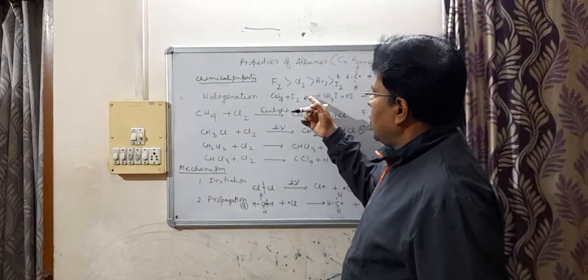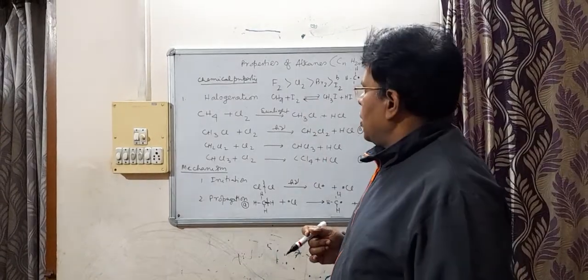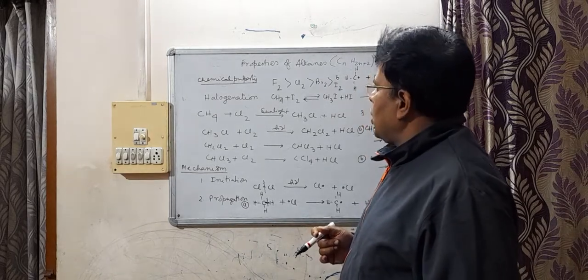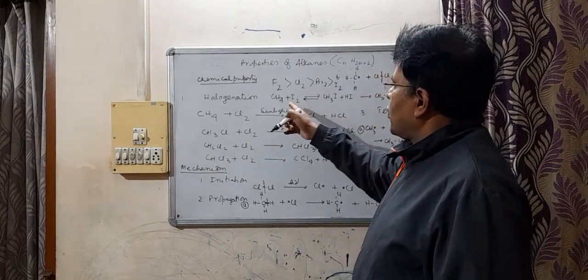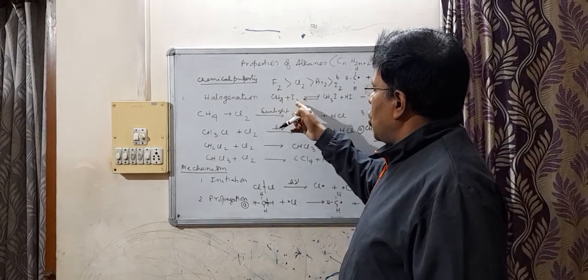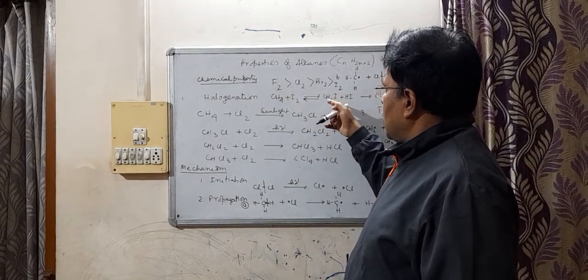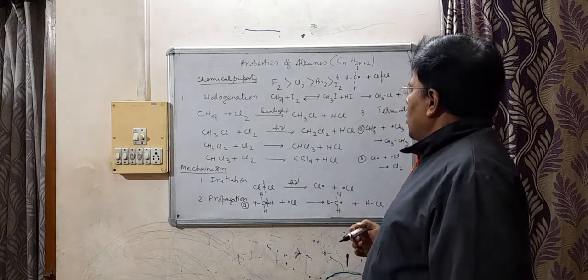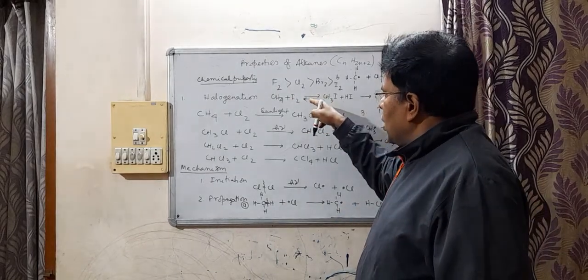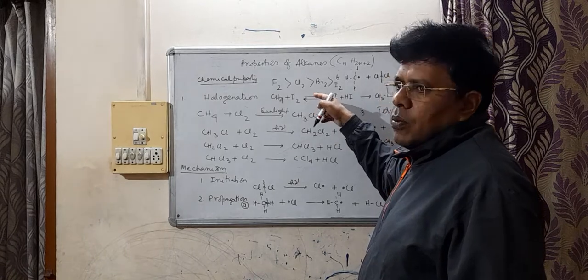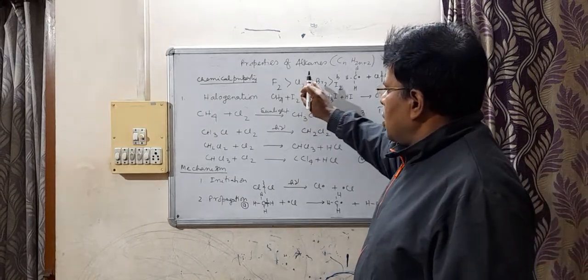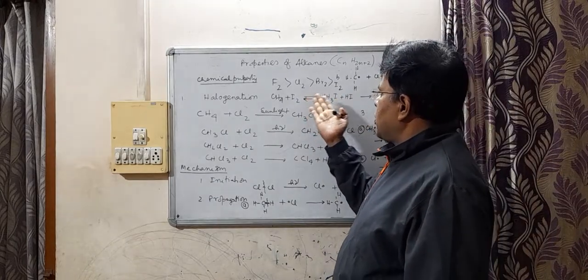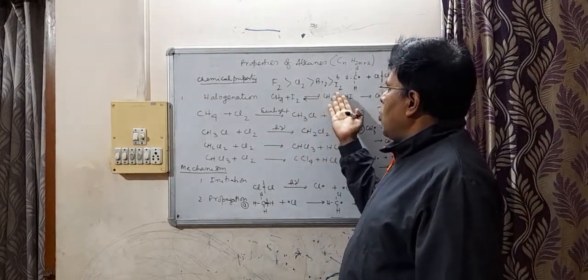We have a chapter in part 1, chemical equilibrium, that we will be doing afterwards. So iodination is slow, and it reaches equilibrium. Once equilibrium is reached, we won't get any more CH3I.